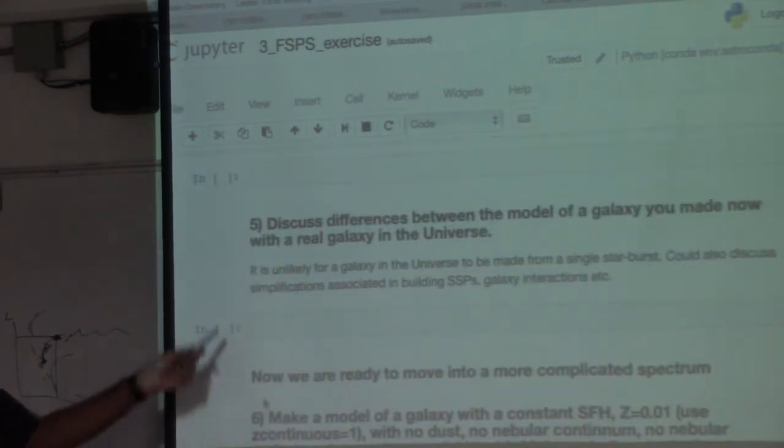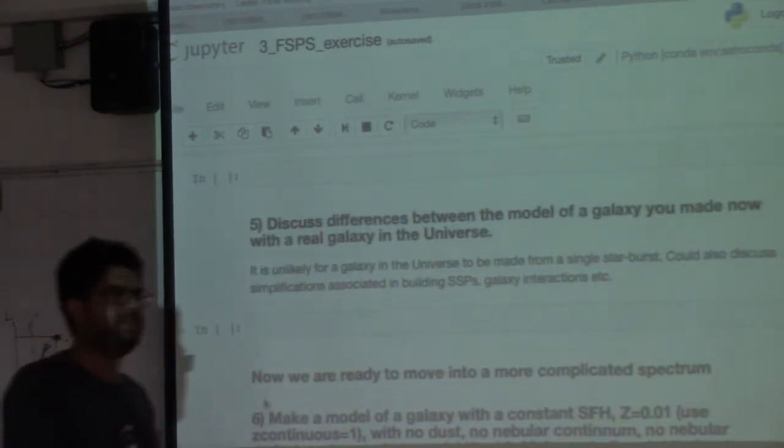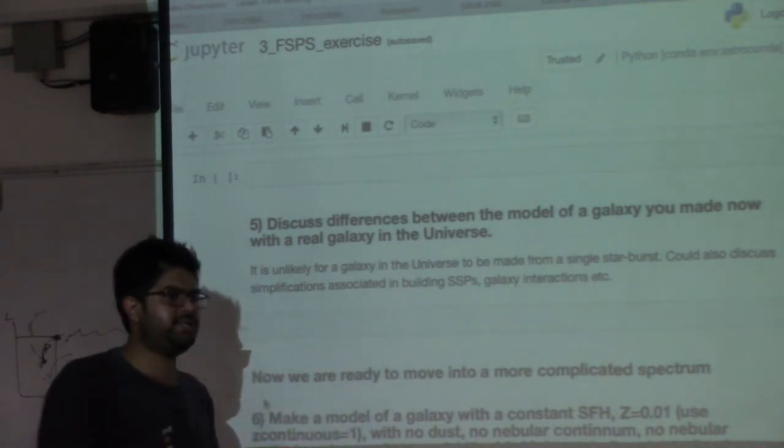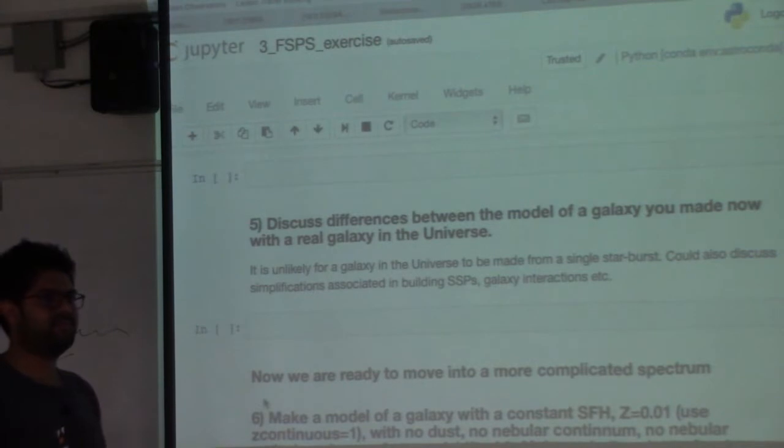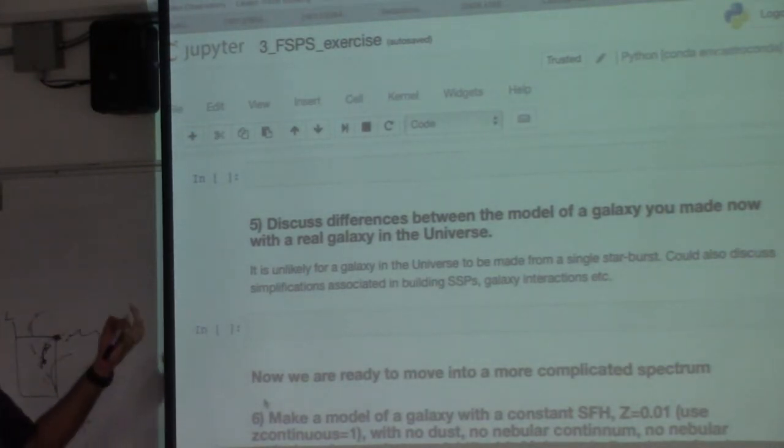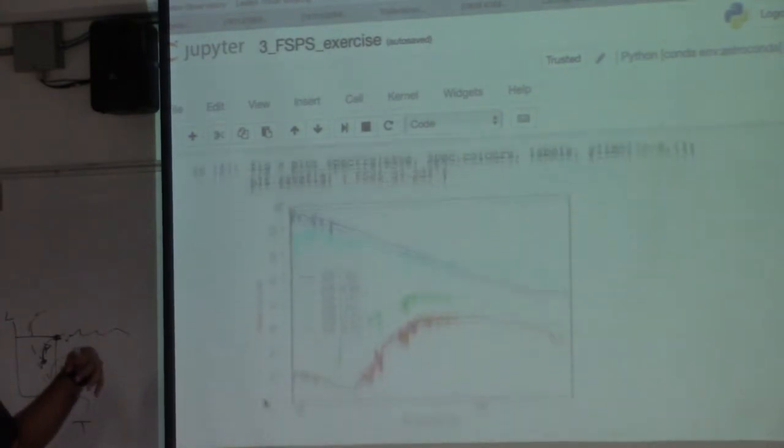Okay, anyway. So what do you think is the difference between this population and a normal galaxy? The model that you made compared to a real galaxy, what would be different?